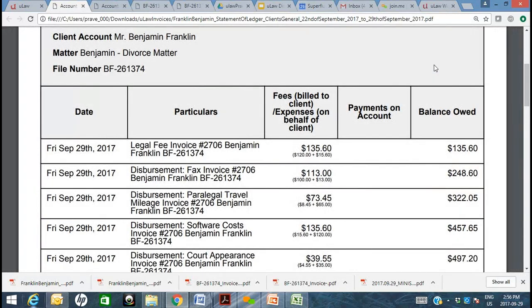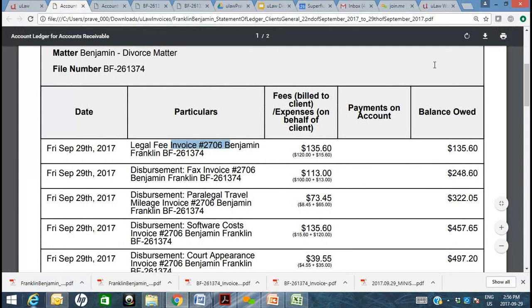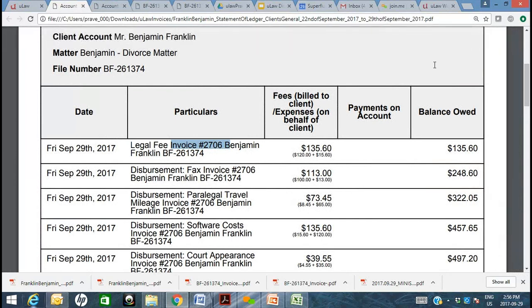So again, the particulars, the date, which includes the client name and the file name, which are 2 important pieces of information, right? And the invoice number, so you can easily track it. It has the amount, but it's split based on the actual fees and the tax.